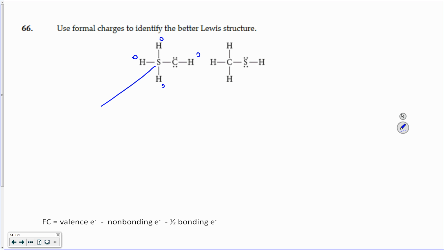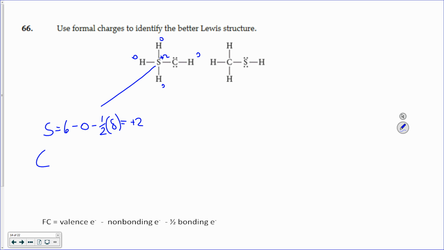But let's figure out for this sulfur. So sulfur is 6, less 0 nonbonding, less 1/2 of... there's 4 things bound to it, each with a single bond, so that's 8 electrons. So that one's +2. All right, now let's look at this carbon down below it.